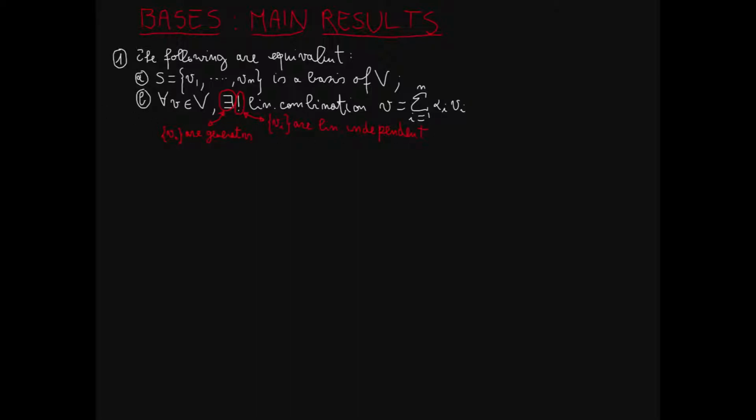So since by definition a basis of a vector space is a set of linearly independent generators, then we see why B is equivalent to A.